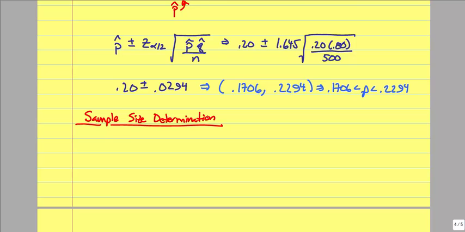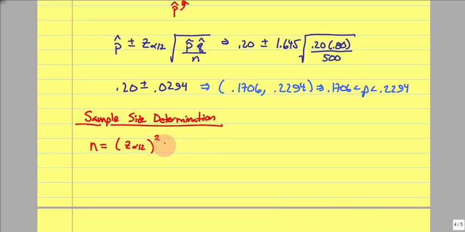So what we have here then is a sample size determination. Now what we do is we take the margin of error and we work backward. So these are the formulas, and if you want to work through that algebraically, you can. This is going to look like z alpha over 2, squared.